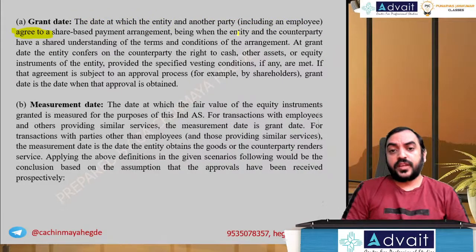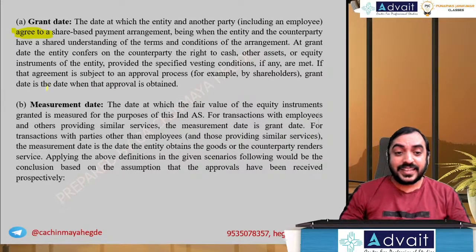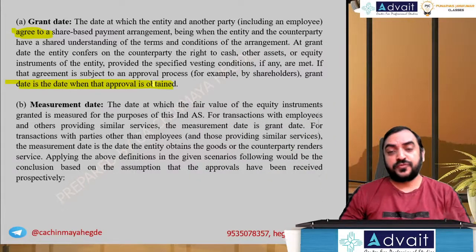Being when the entity and counterparty have shared the understanding of the terms and conditions, and the entity confers the counterparty the right to cash, other assets, or equity instruments of the entity, provided specified vesting conditions, if any, are met. If that agreement is subject to an approval process, grant date is the date when approval is obtained. Please focus on this point.